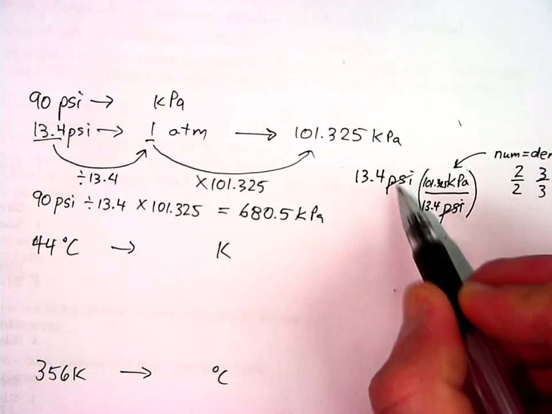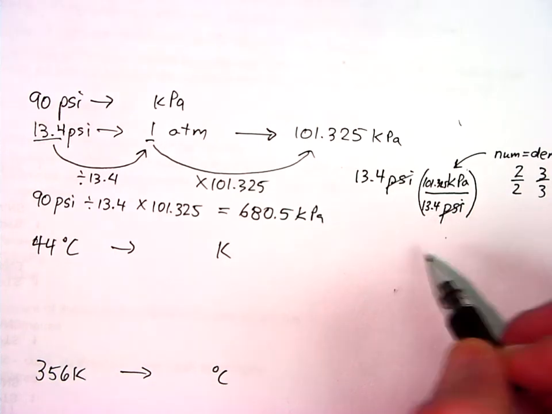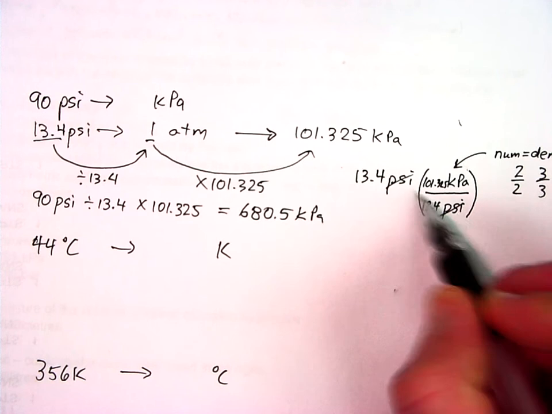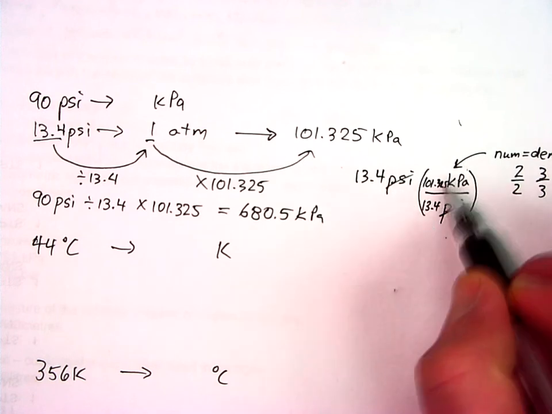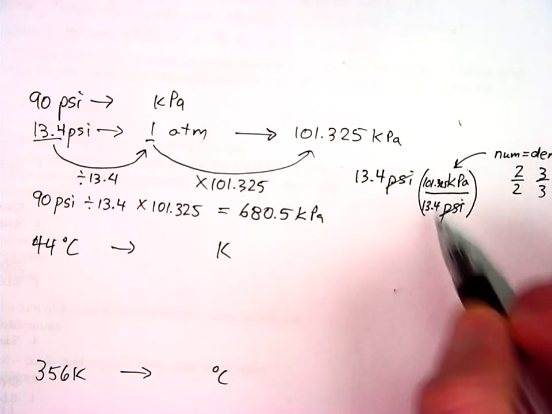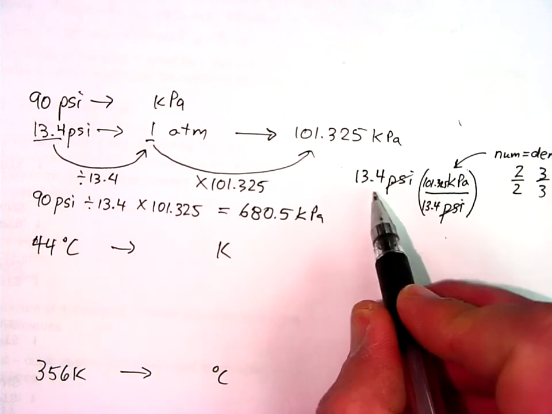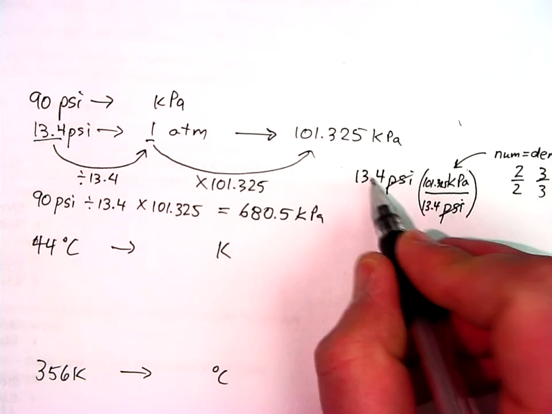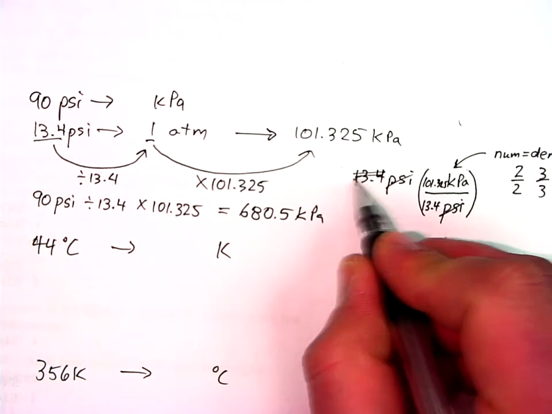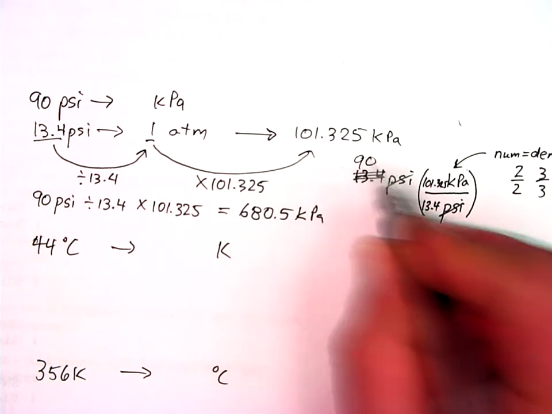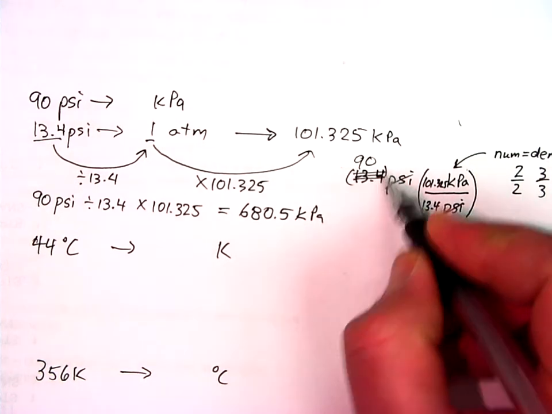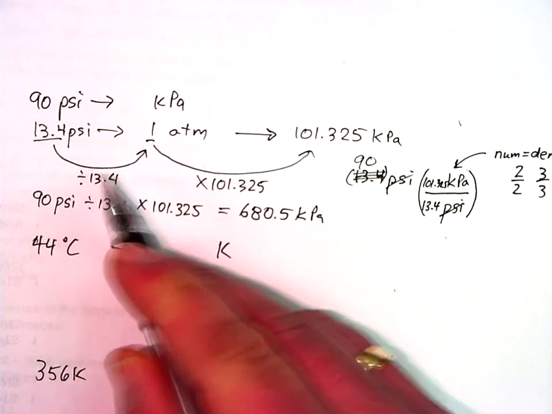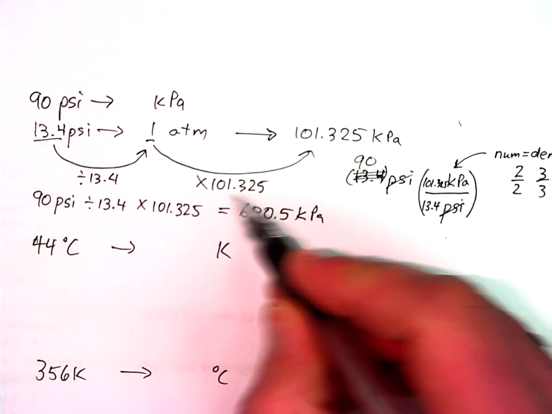And so by doing this, if we think about canceling with fractions and how to simplify some fractions, we can cancel out the psi's and just be left with the kilopascals. And as you can see, what ends up happening is we end up taking, sorry, I don't want to have this one in here. I want to have the 90. So we end up taking the 90, we divide by 13.4, just like we did, and then we multiply by 101.325.